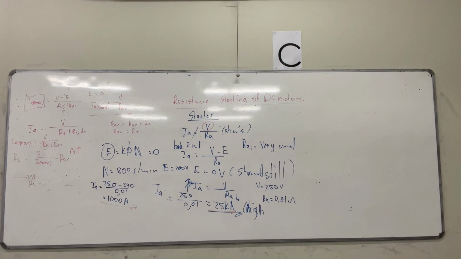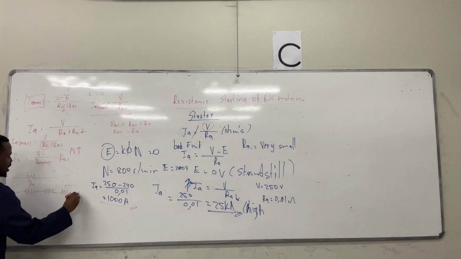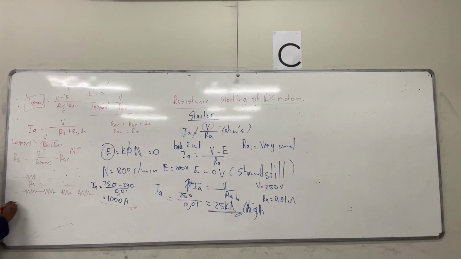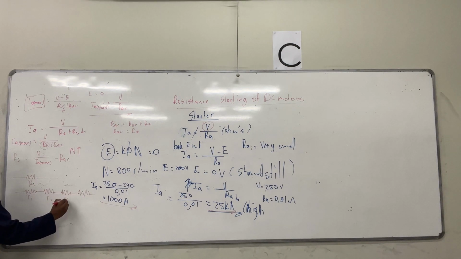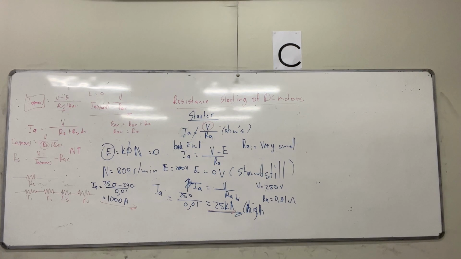So in a starting resistor, it consists of a series of resistors in series. It can be 5, it can be 3. So R1, R2, R3, sorry, I write small letters. Then there are notches. Instead, where do we start? At notch 1.